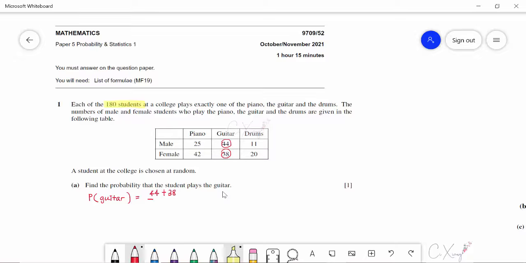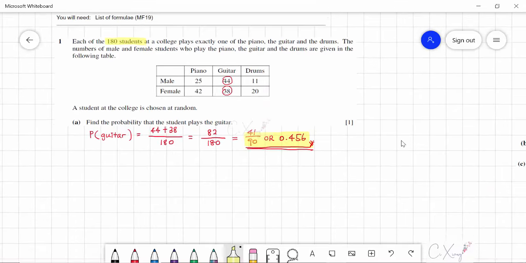The grand total is 180 students, so you should get 82 over 180, which you can simplify to 41 over 90, or change to three significant figures, which is 0.456. This is very straightforward. You just add the values for the students who play the guitar, then divide by the grand total. That's it. Now we continue to part B.